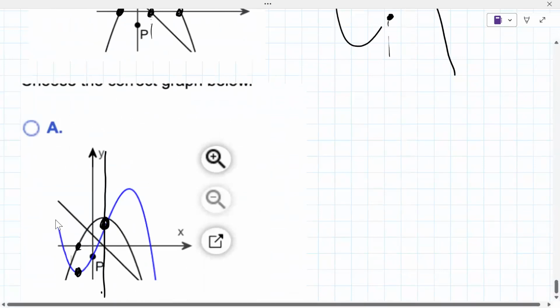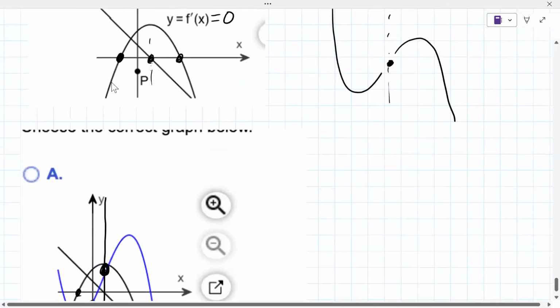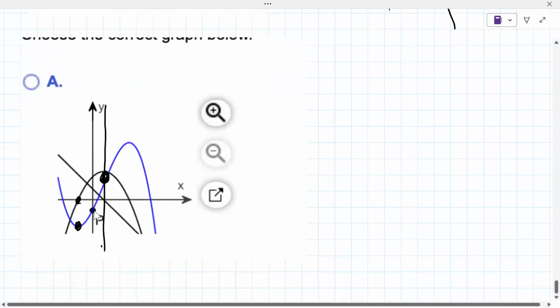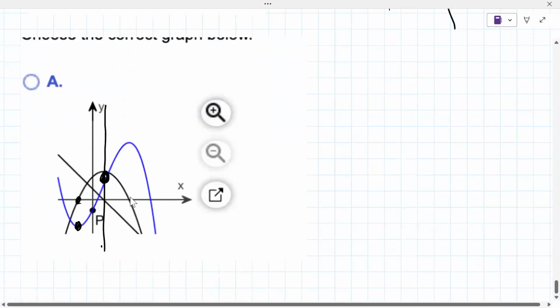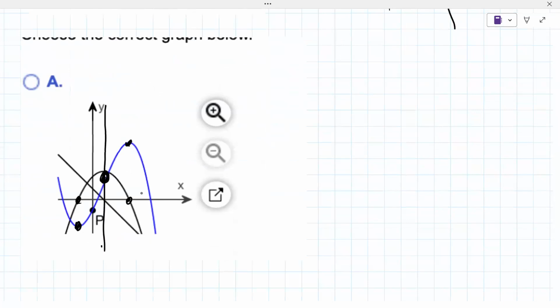See how it's decreasing? That's this part right here. And then it's increasing, the blue. That's this part right here. And then where it hits again, it goes down to decreasing. So it'd be A. I believe it's A.